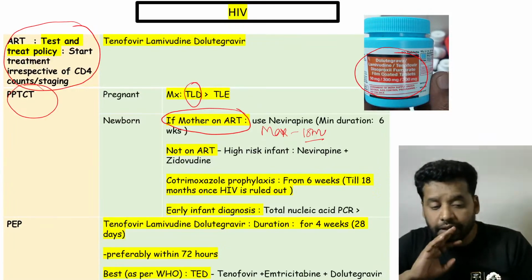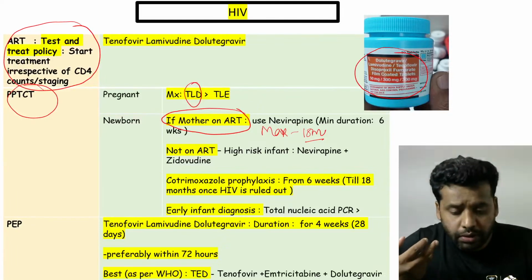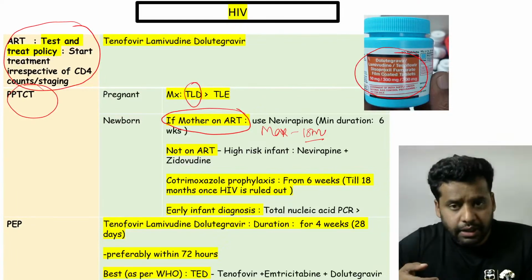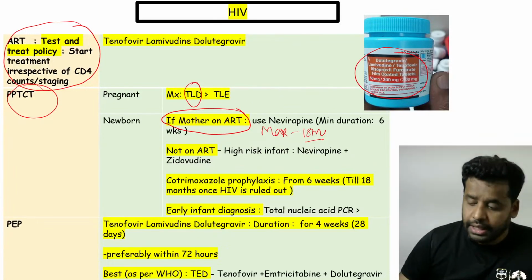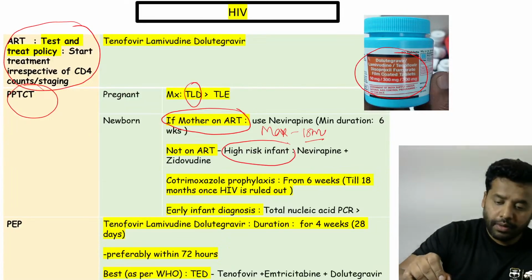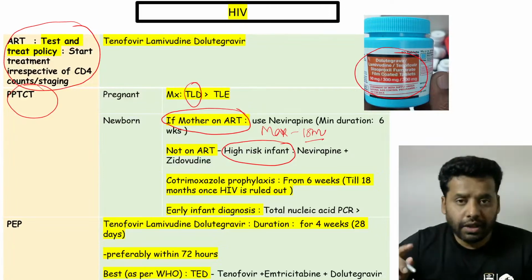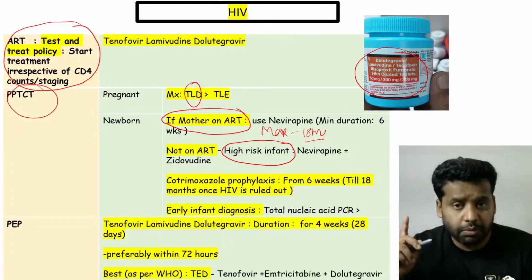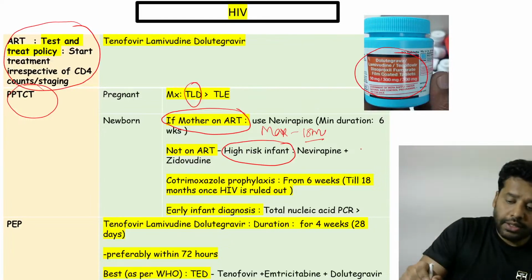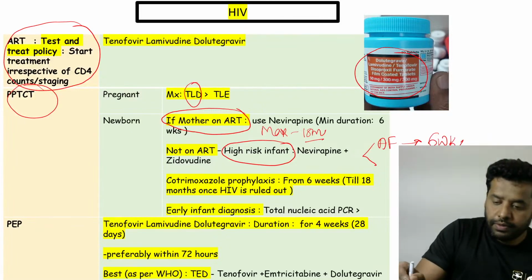In case the mother is not on ART, she does not know that she is HIV positive, she came to the clinic and has now been diagnosed as HIV positive, this is a high risk infant. The newborn will get 2 drugs, dual drug prophylaxis, DDP. In case of artificial feeding or exclusive replacement feeding, prophylaxis for 6 weeks.